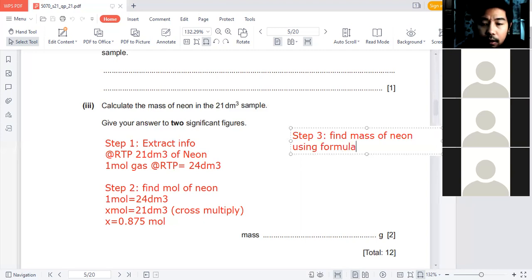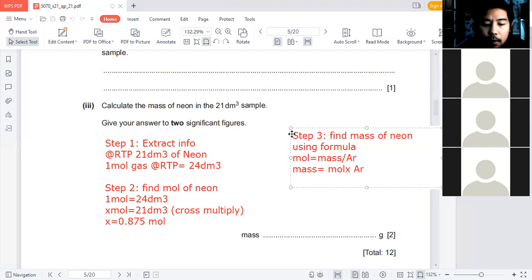mole is equal to mass over Ar. So mass equal to mole times Ar.